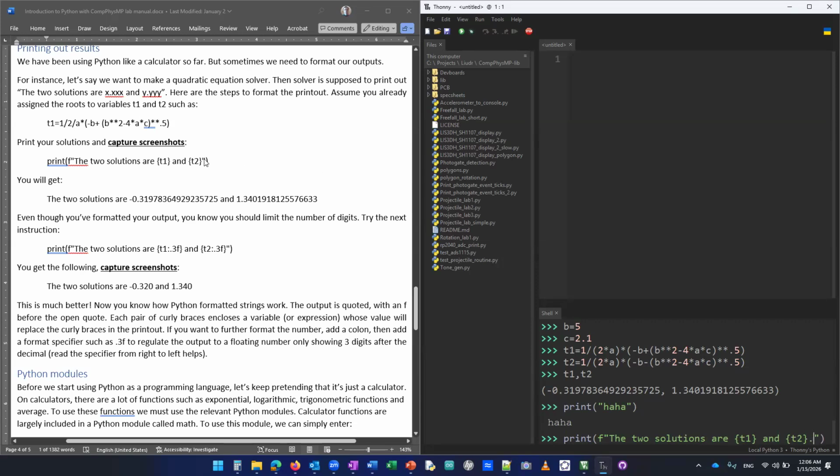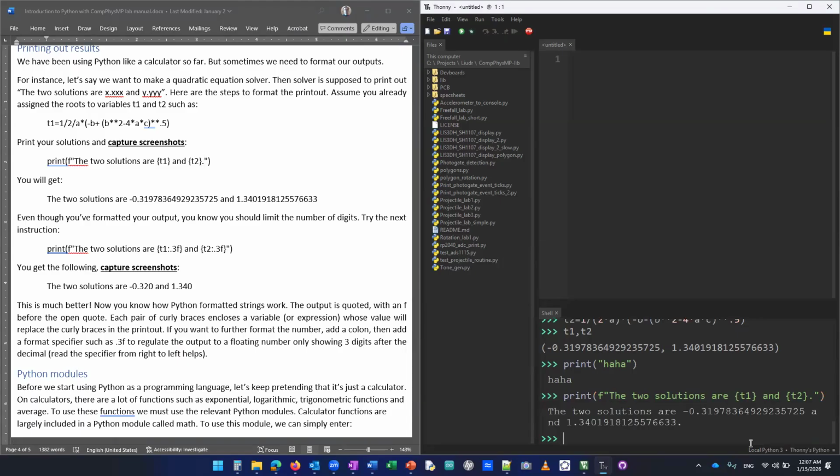Let's even add a period here. So what this line of print will do is print all that text verbatim, and then these curly braces are replaced by the variable names they are enclosing. So very long. We don't really need that.